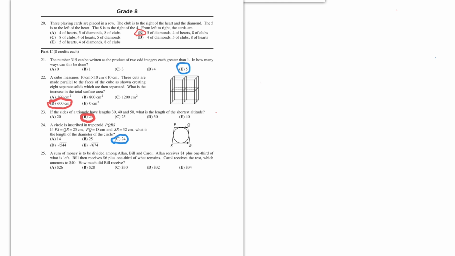How much did Bill receive? This problem, we go backward. So the Carol got the $40. That's 2/3 of the remaining is the 40.